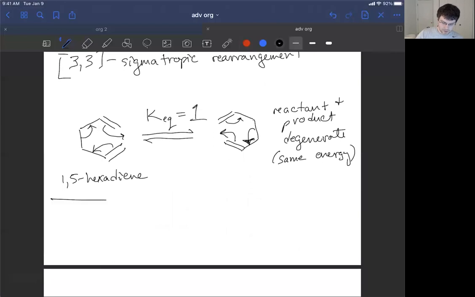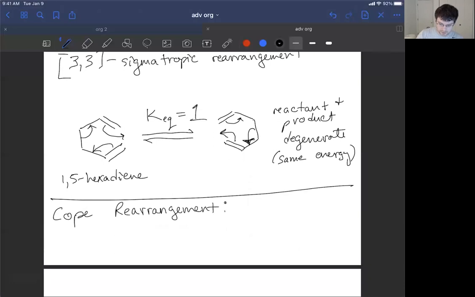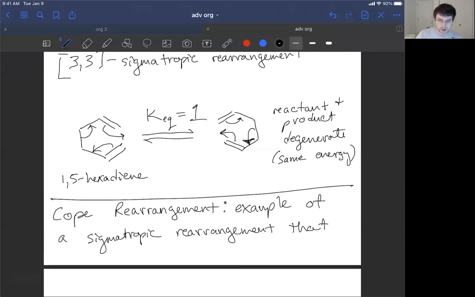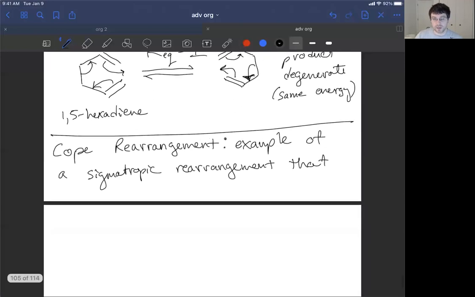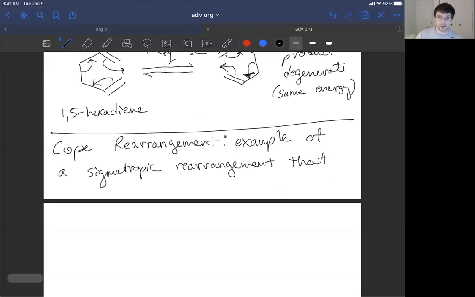Now, this leads to an important name reaction, which is the Cope rearrangement. The Cope rearrangement is an example of a sigmatropic rearrangement. But in this case, we're going to take advantage of an important transformation that we all have seen and at least been tested on, which is keto-enol tautomerization.